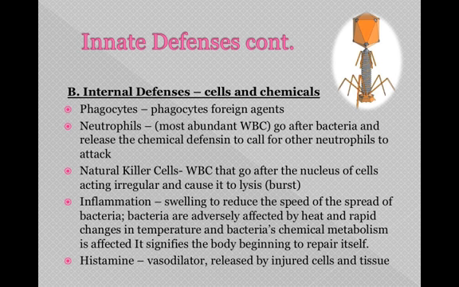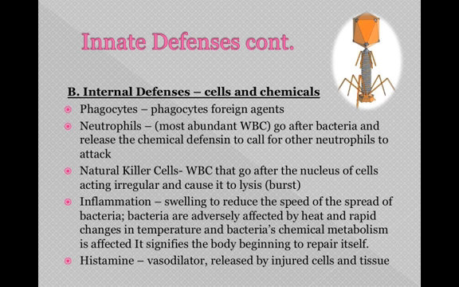Neutrophils, those are the most abundant white blood cells, and they're also one of the first ones to attack when something invades your body, for instance, when you have a cut. Neutrophils automatically go right away and start a whole process of chemotaxis through diapedesis to call for the rest of your body to help defend.